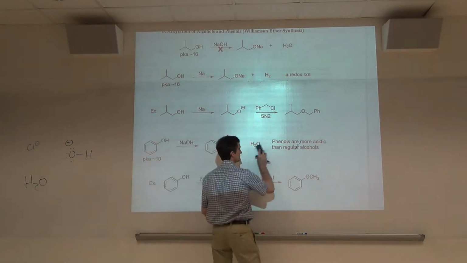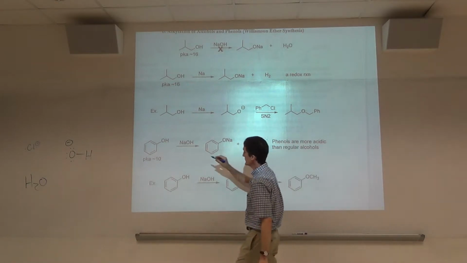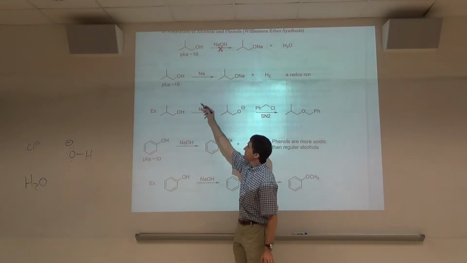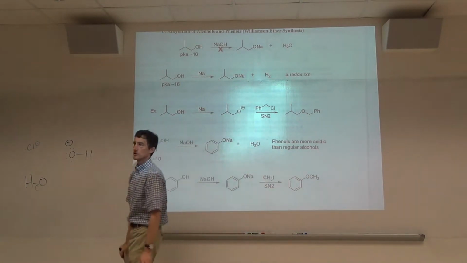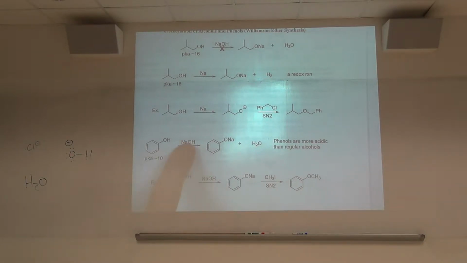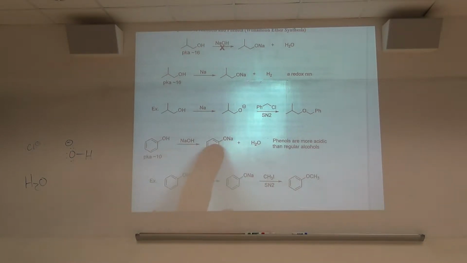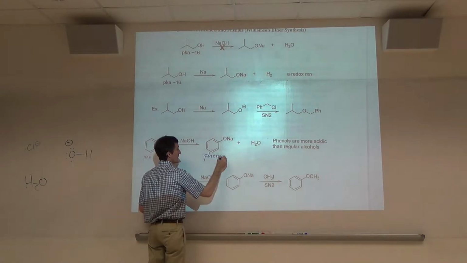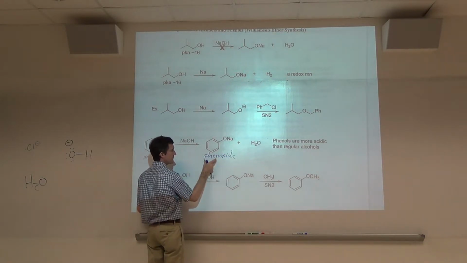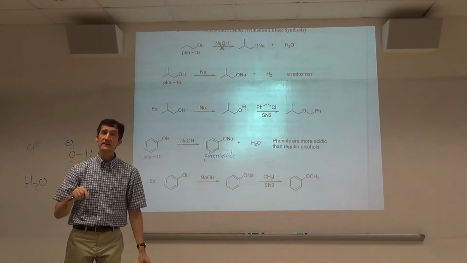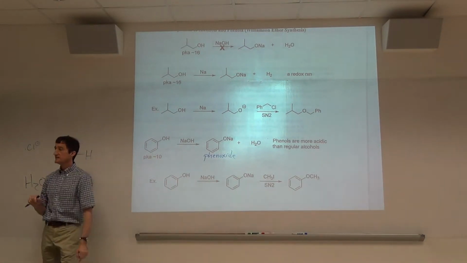So sodium hydroxide will work with phenols and carboxylic acids. Sodium hydroxide doesn't work with regular alcohols. So down here we can take phenol, react with sodium hydroxide, and get the sodium phenoxide. It's an oxide of a phenol called a phenoxide. I've actually seen it called a phenolate before, but the -ide ending is more common.